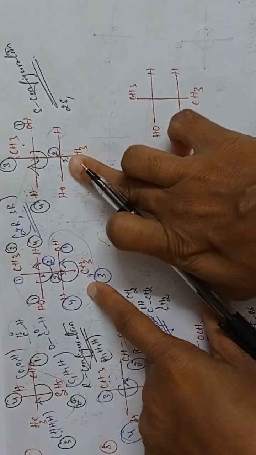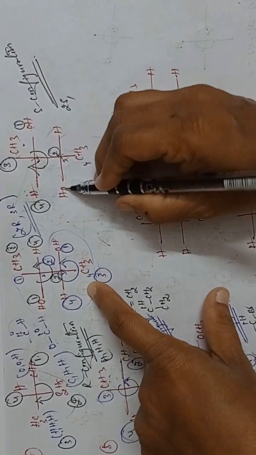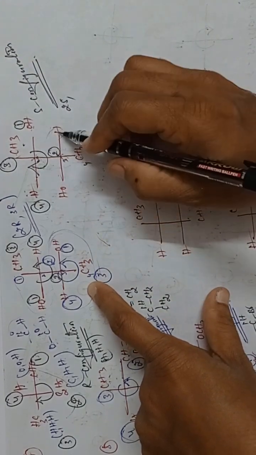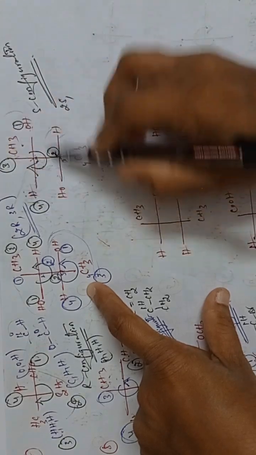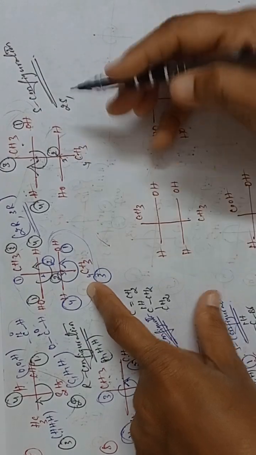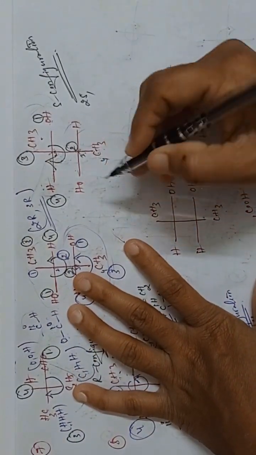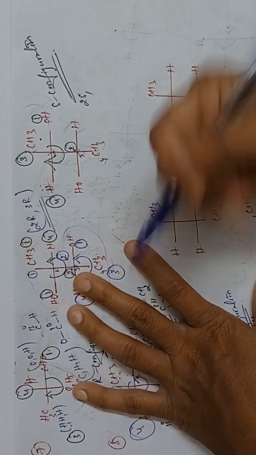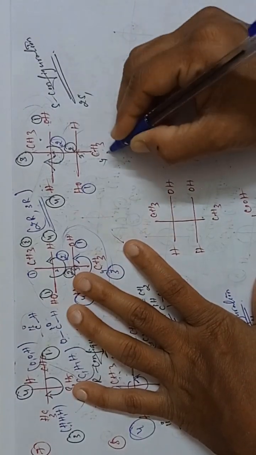Next, the third carbon also we have to see, the second chiral center. This carbon is attached to oxygen, carbon, a larger group, and a fourth group is this one. Are you following? So four different groups are attached, and this carbon is chiral. It is attached to oxygen, which is the first priority. Second priority is the larger group, this carbon.